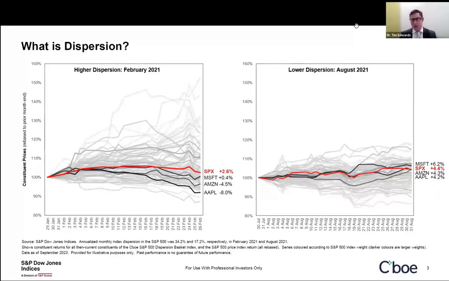And it's showing you through two very different months, recent enough, for the S&P 500. On the left-hand side, you can see in red over a month the performance of the S&P 500 index, and in various different shades of grey, the performances of many of the stocks included in the S&P 500. The colouring system here is the darker the line, the larger the weight.